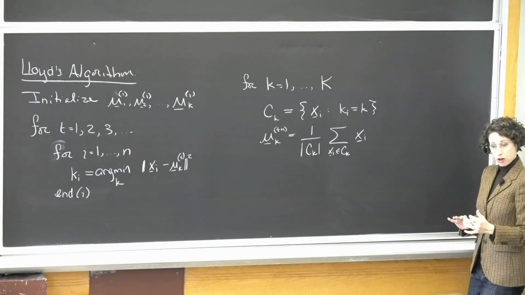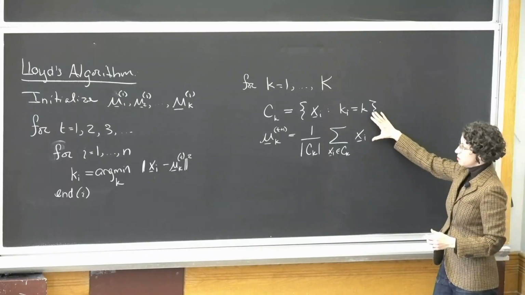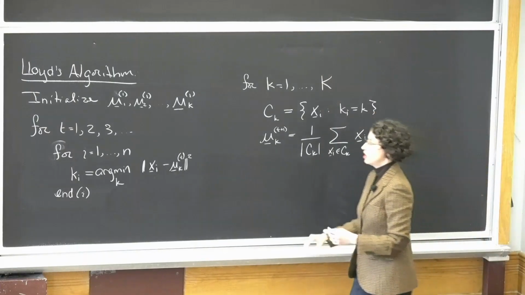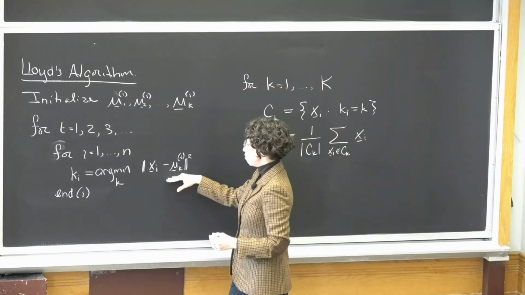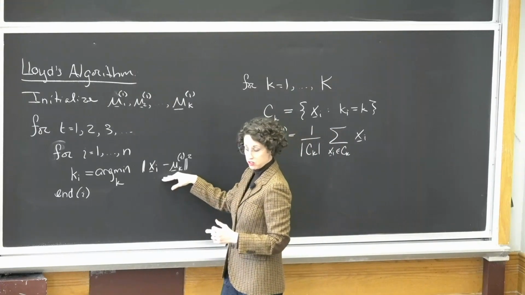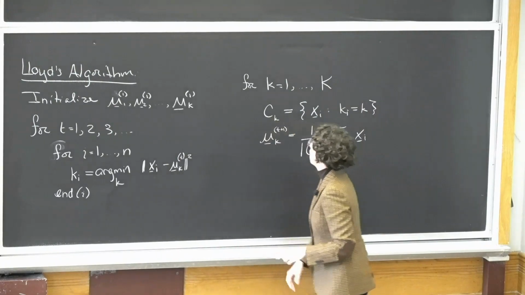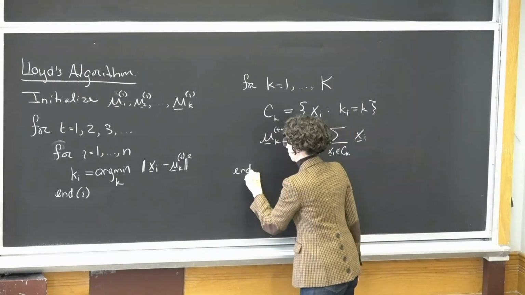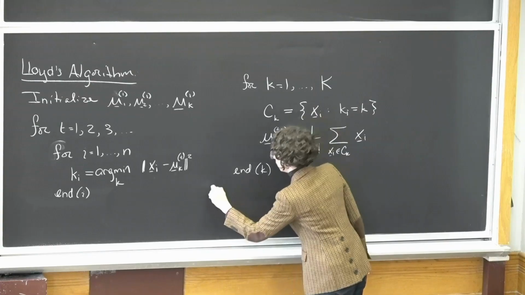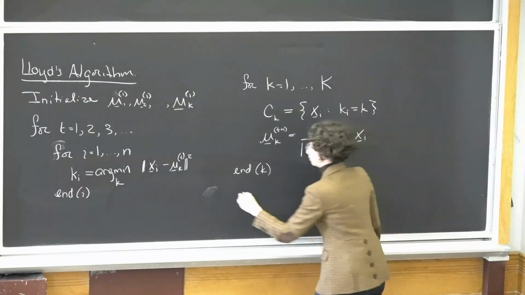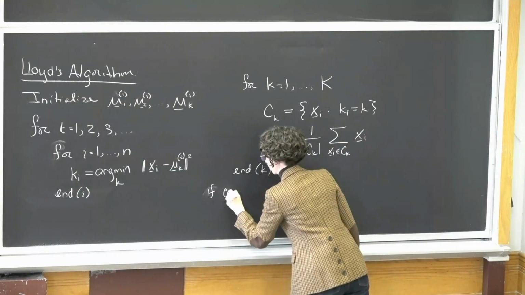So we're going back and forth between estimating the cluster centers and then, given those cluster centers, figuring out which point is closest to which center and then redefining what the clusters are. So then we would end the K loop, and then we would look and see if we are converged.